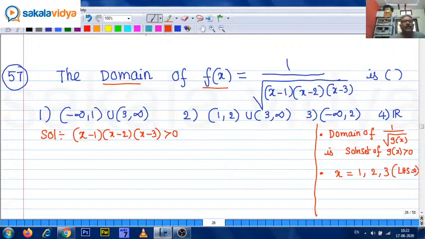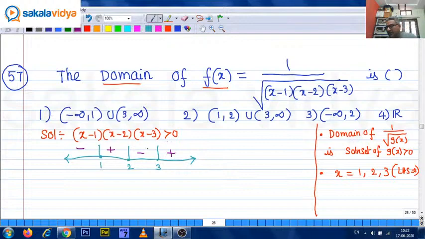Now draw the number line, that means the wavy curve method. This is 1, this is 2, this is 3. Now the sign scheme: plus sign starting from the right hand side, minus, plus, minus.